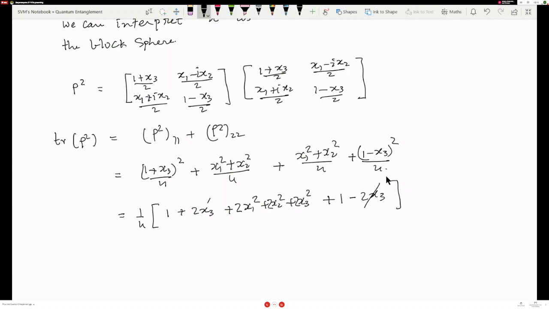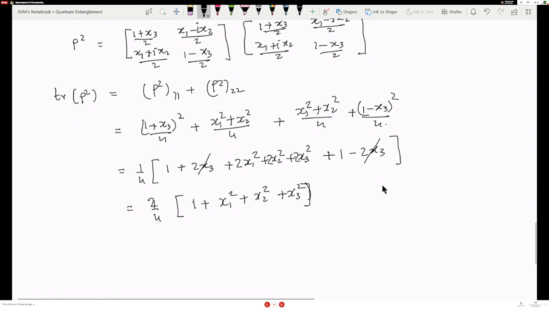This minus 2x3 and this plus 2x3 will cancel. There is a 2 common in every term, so I pull that 2 out and write this as 1 plus x1 square plus x2 square plus x3 square. 2 by 4 is half. So that is equal to half into 1 plus modulus of x square.